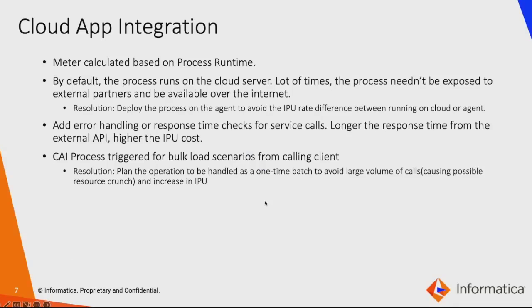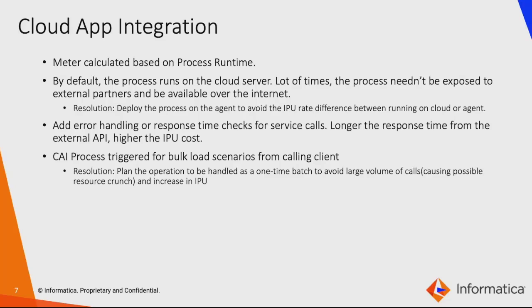And then going back to other best practices here, there might be scenarios where you're calling external APIs or third-party APIs from your CI process, and the response time of those APIs suddenly becomes longer, for example, right?